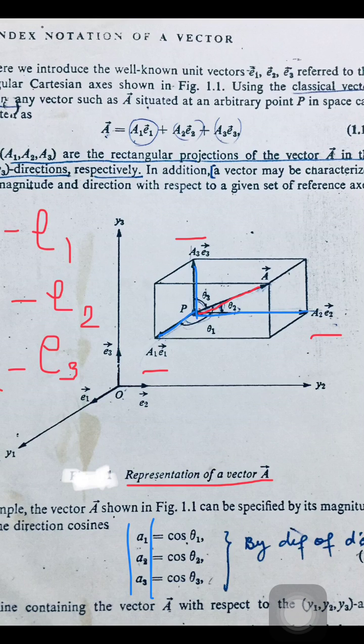That's why A can be written as the rectangular projection on one axis, that is A1 e1, on the second axis, that is A2 e2, and similarly on the third axis, A3 e3. So A can be represented by A1 e1 plus A2 e2 plus A3 e3.